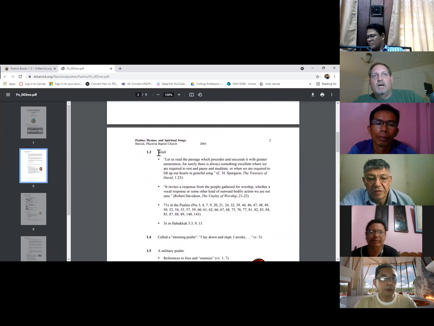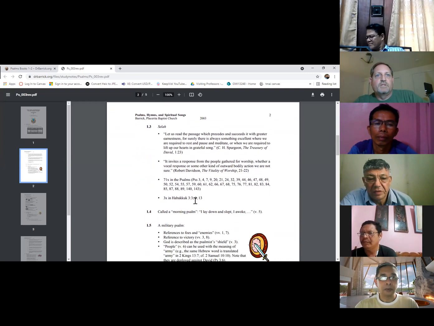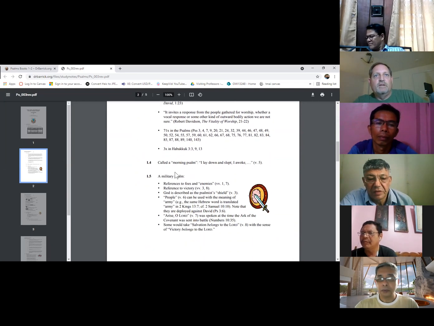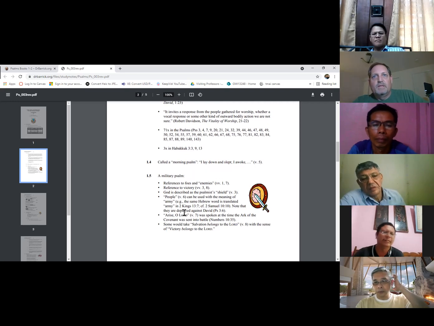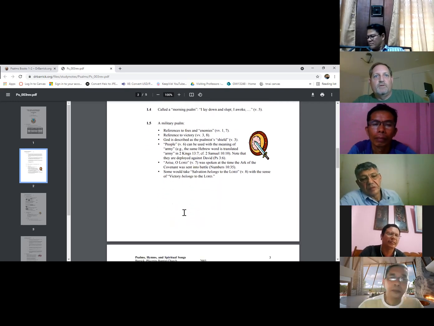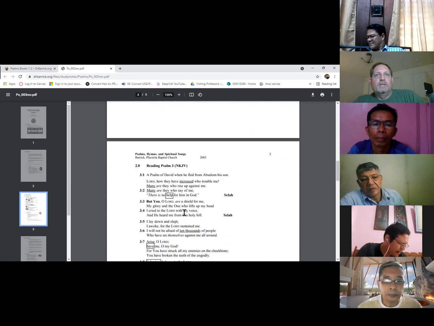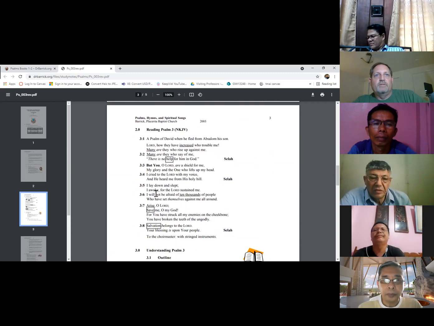He talks about Selah, because this is the first time Selah is used, so he gives some instruction there. He gives an idea of the type of psalm. He calls this a military psalm because of the references to that. Then he goes through, gets some insights on the salvation theme within the psalm.